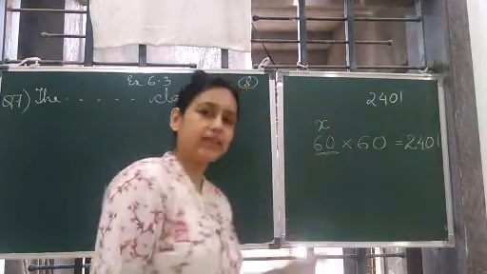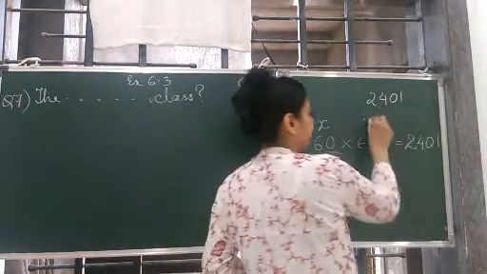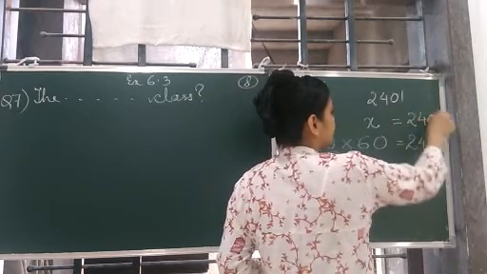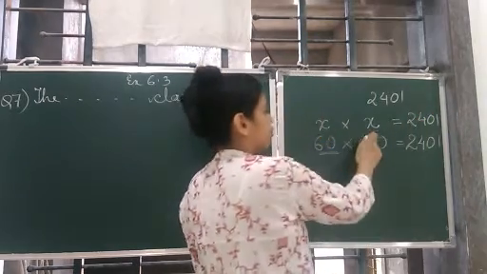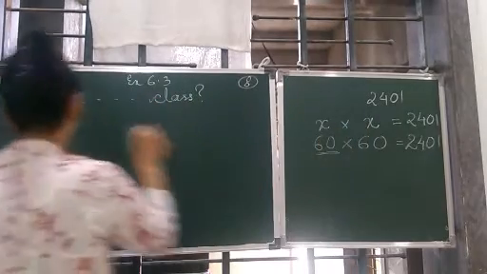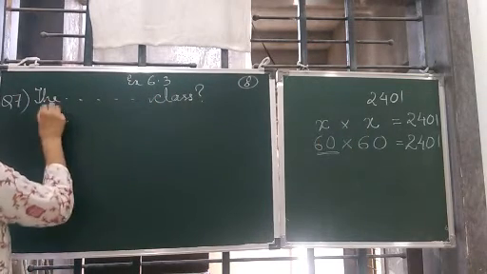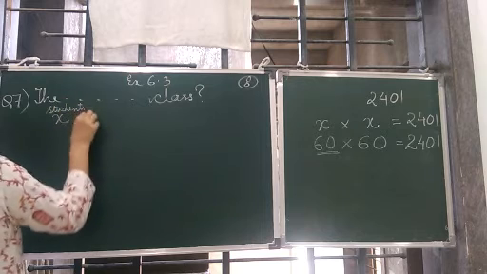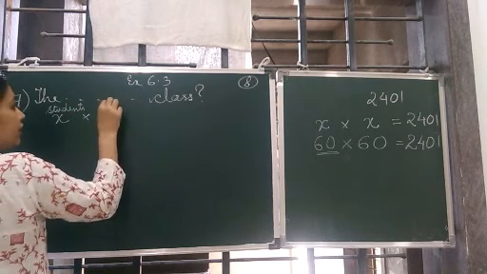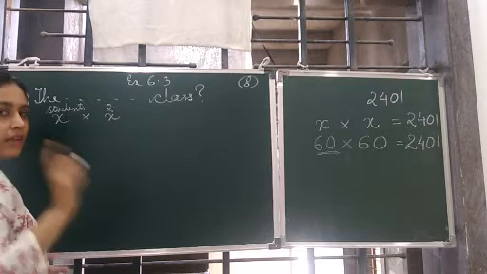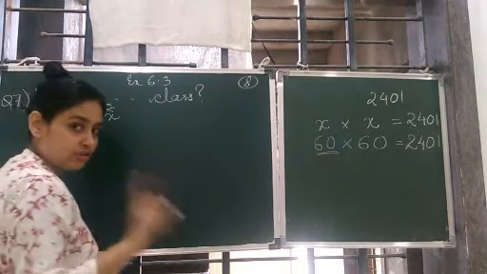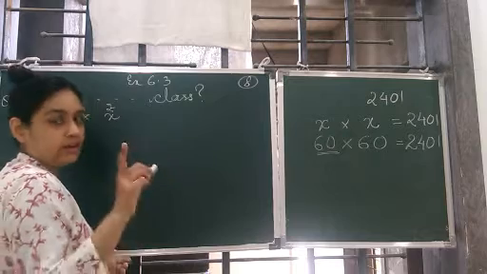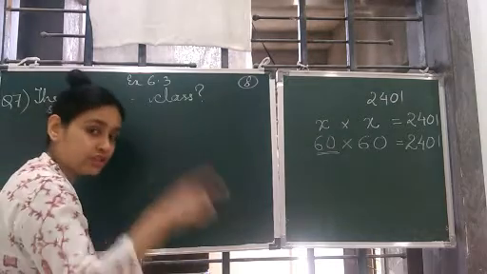Okay, so x students gave x money, which was equal to 2401. Each student is giving money equal to the number of students in the class.